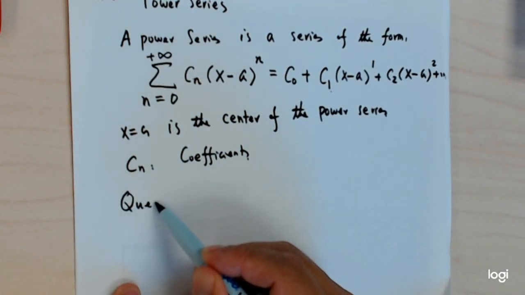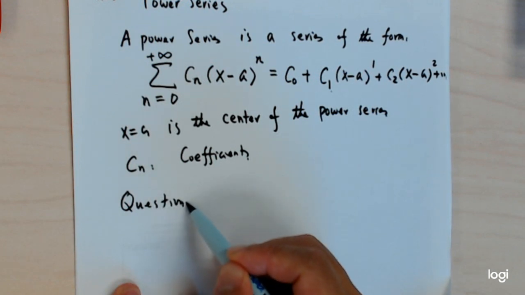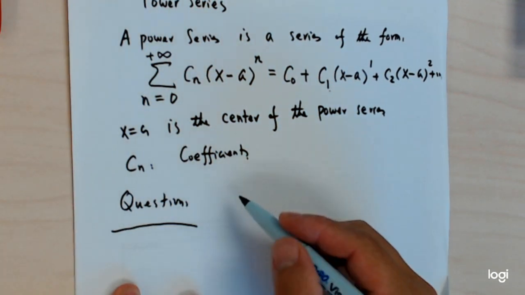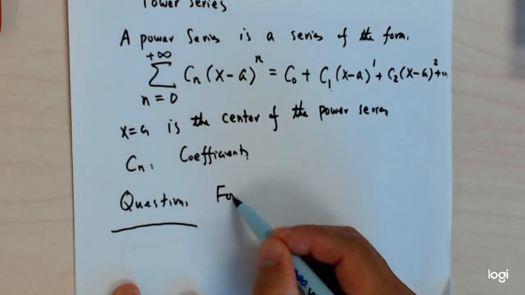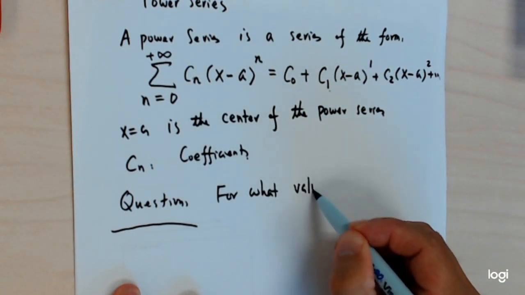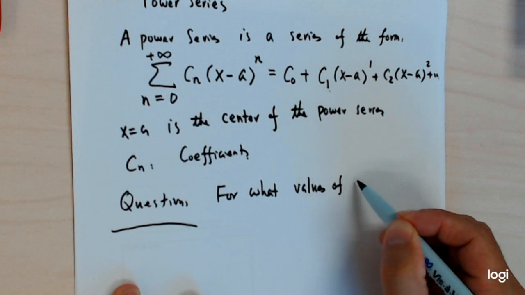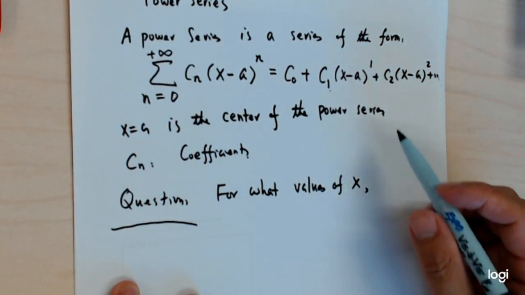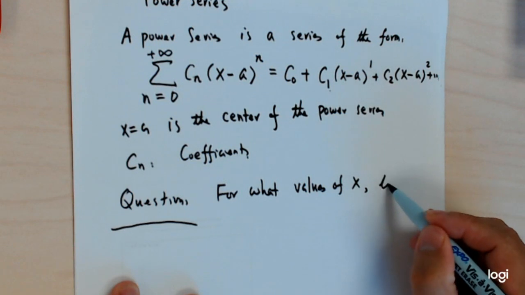The standard question in this section is this. Actually, almost all questions look like this. For what values of x will this power series converge? So what are the x values that make this power series converge?